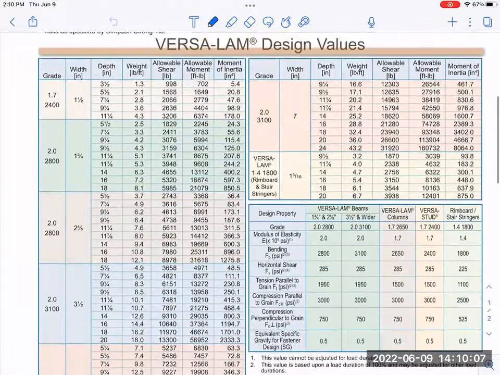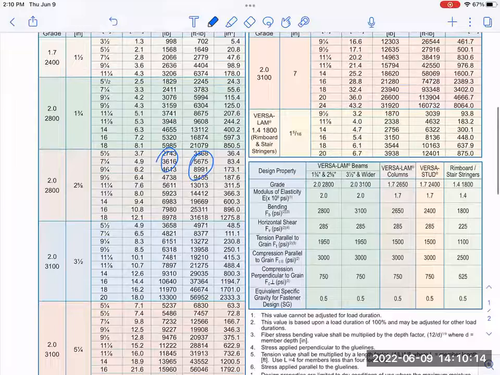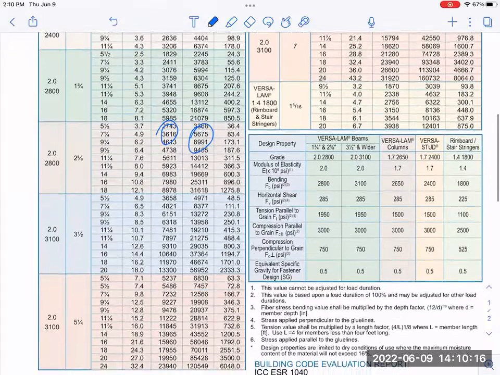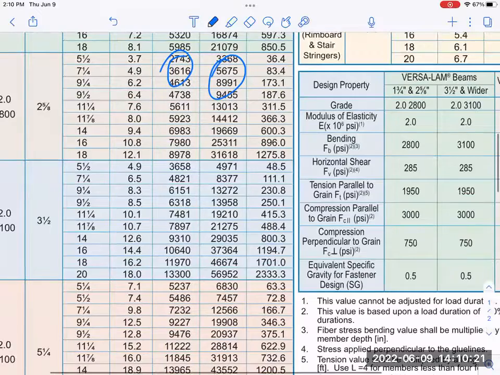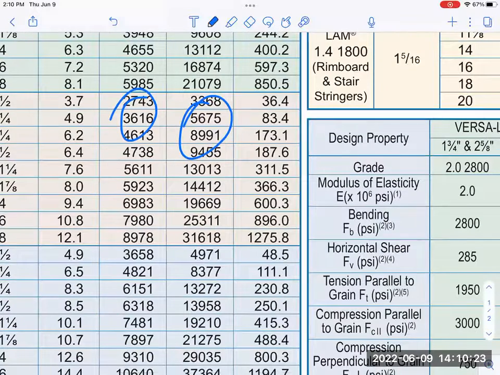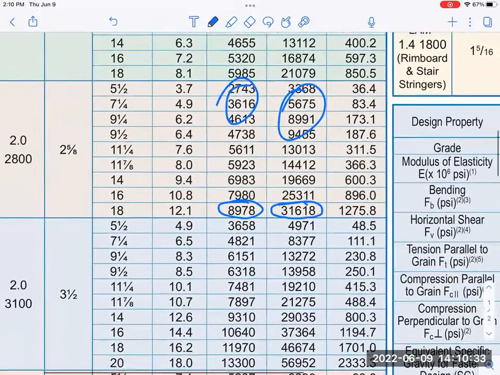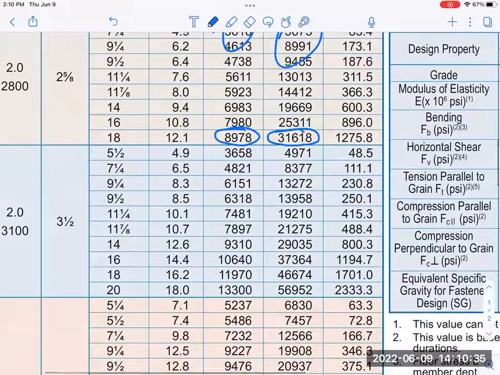Remembering that shear is this column and moment is this column, I'm looking for 2,800 and 29,000. Notice, as we saw yesterday, if you get to 29,000 in moment, you're way beyond what you need to be in shear. It's more like you're just looking for 29,000, right? And it was 29,400, so this one wouldn't quite do it, but this one would.